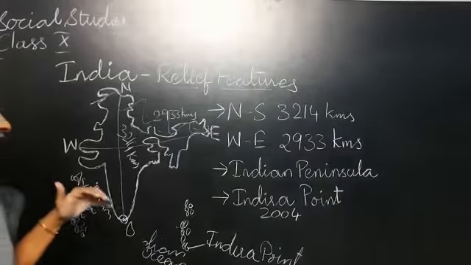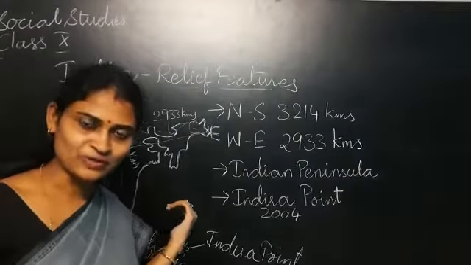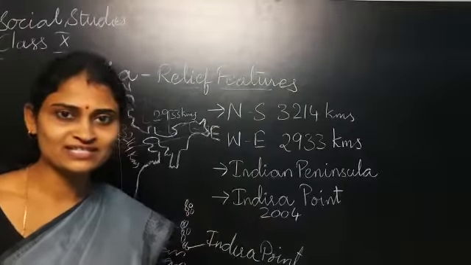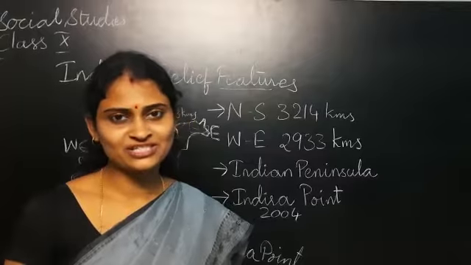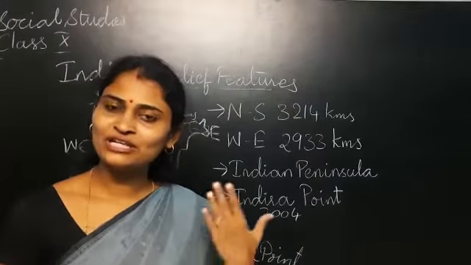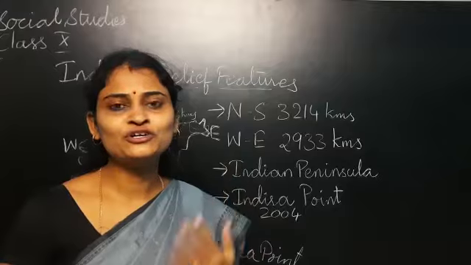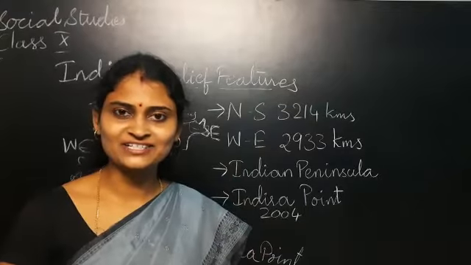That's why I would like to visit Kanyakumari and also the historical places of our country, because I am teaching social studies. So I would like to visit at least a few historical places in our country.